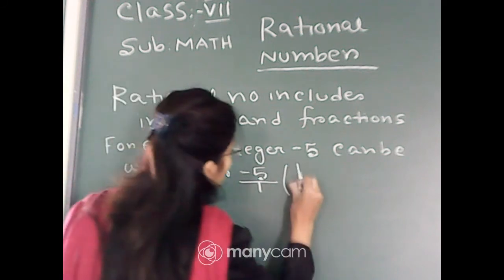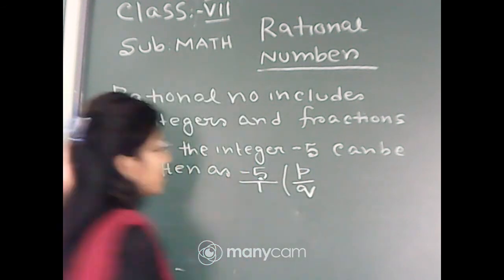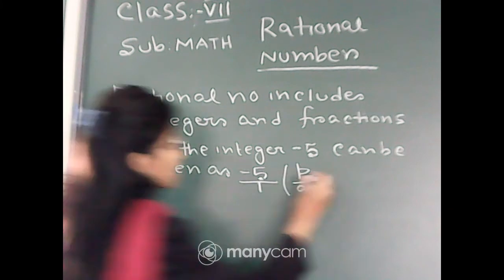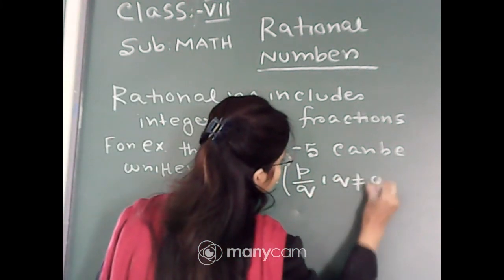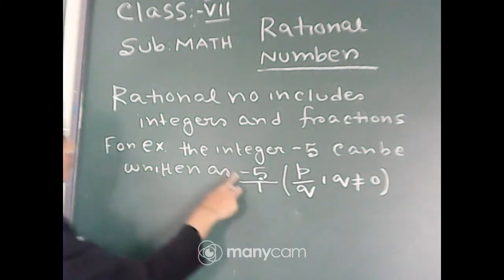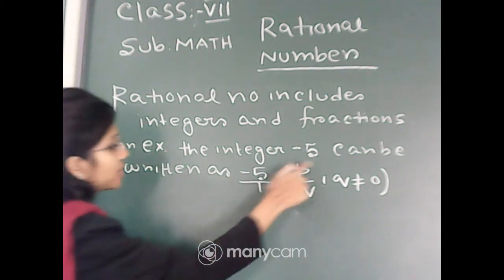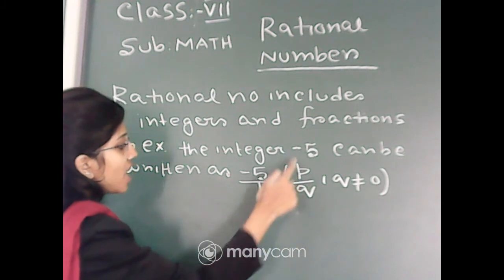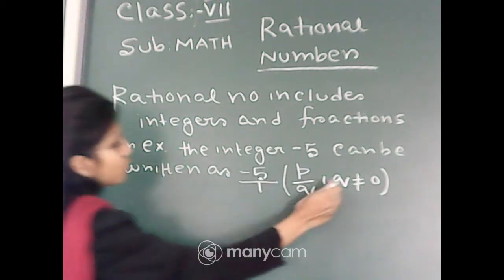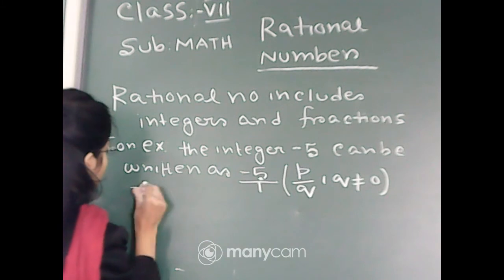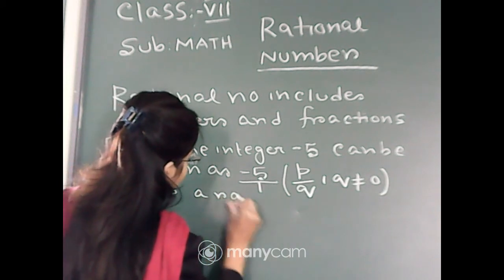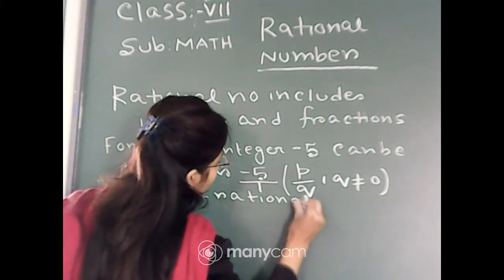That is P divided by Q form, where P and Q are integers, may be positive or negative, and Q not equal to 0. So, -5 is also a rational number.